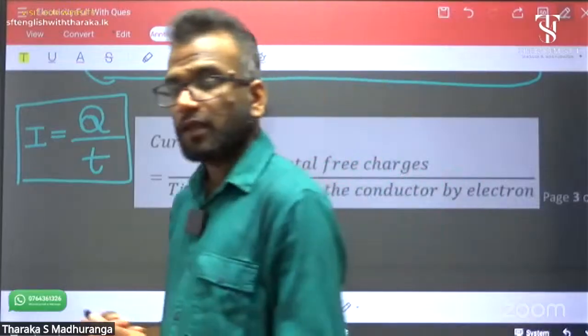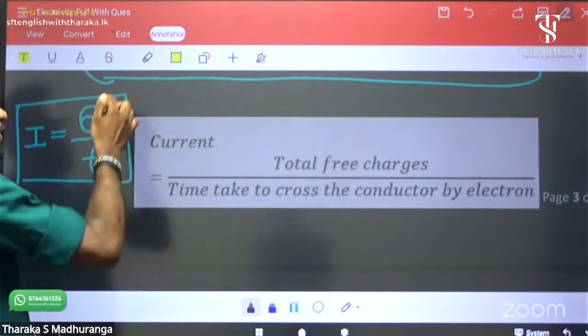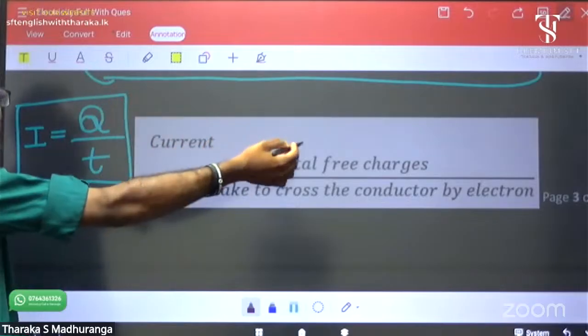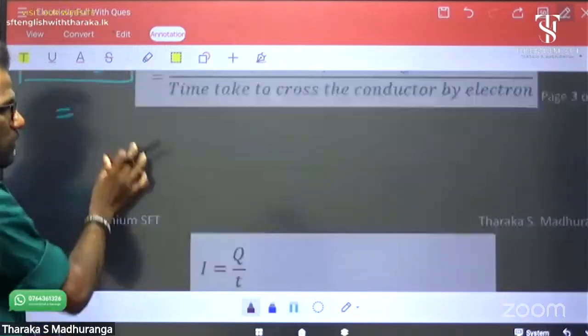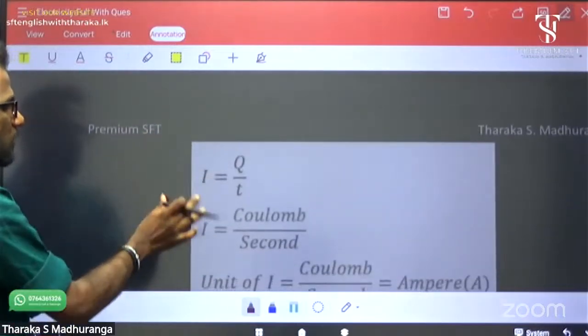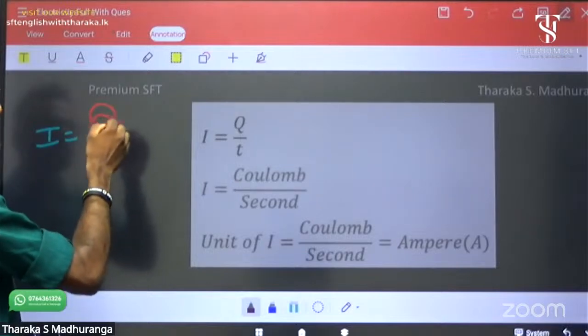Actually, the actual unit is the Q, the amount of charge, no? The amount of charge. See, it is given: I equals Q over T.